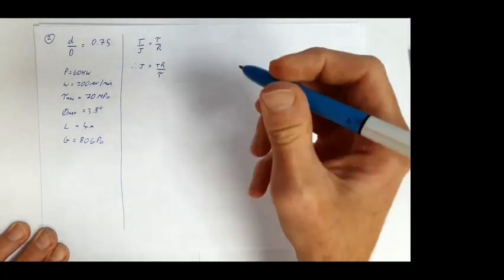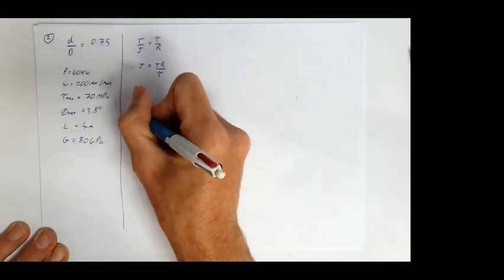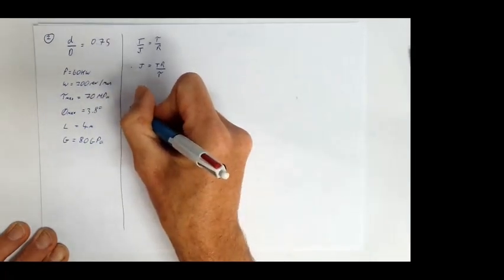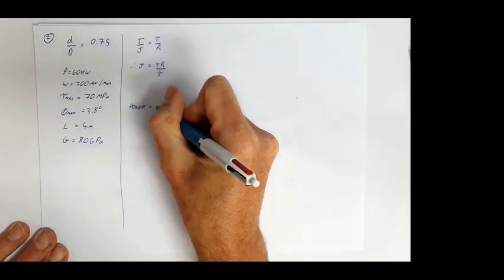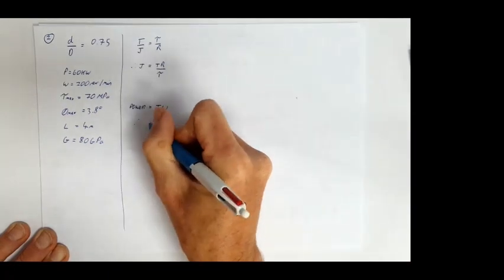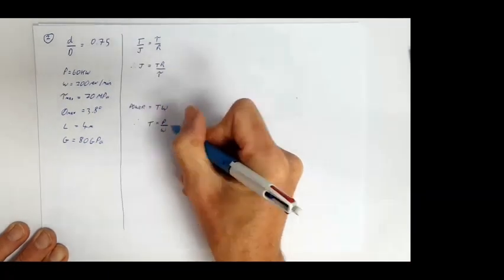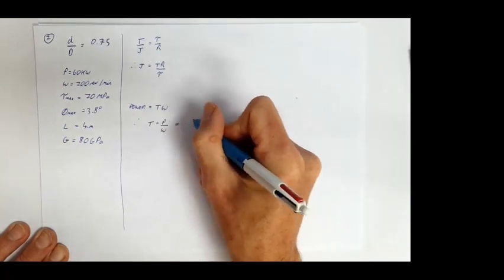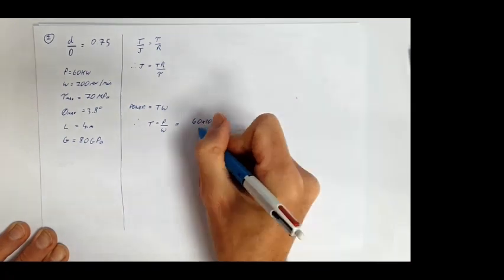Okay, so first of all, what is T? What is the torque that we're transmitting? Well, we've already said that power equals T omega. So therefore, T equals power divided by omega. So our power is 60 kilowatts, 60 times 10 to the 3.